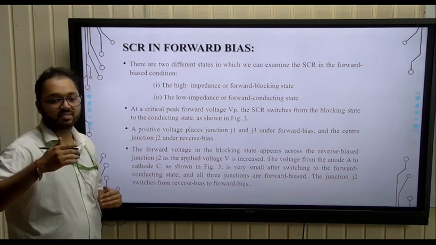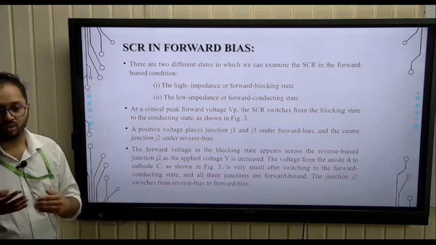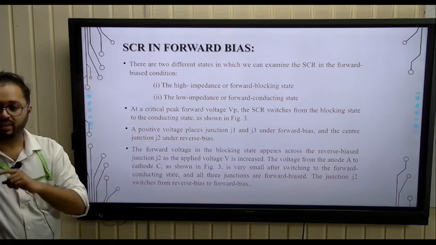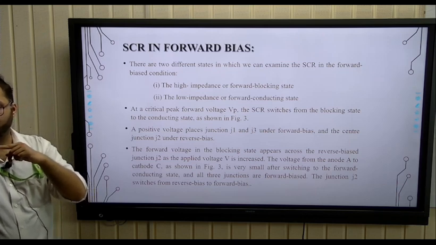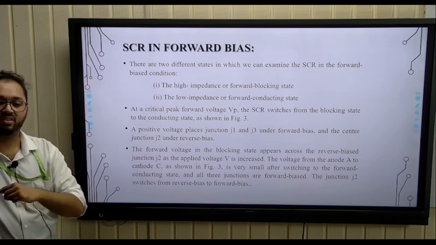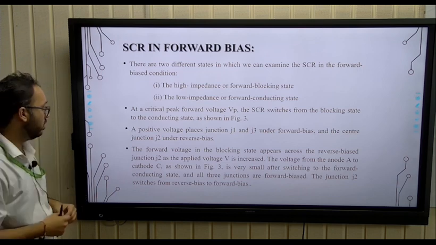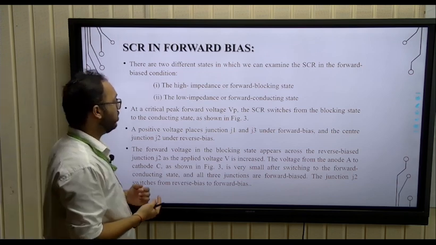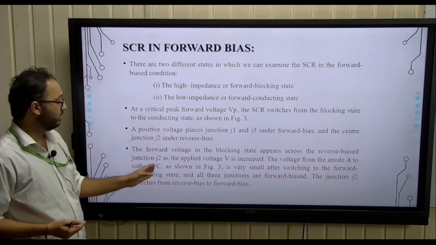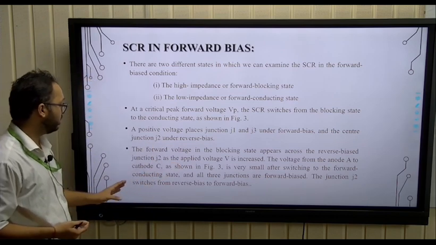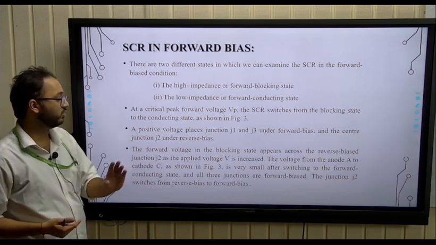It is saying that we have increased voltage on the anode and cathode side, and the junction J2, that is in the middle, is getting reverse biased more and more if we increase the forward voltage.